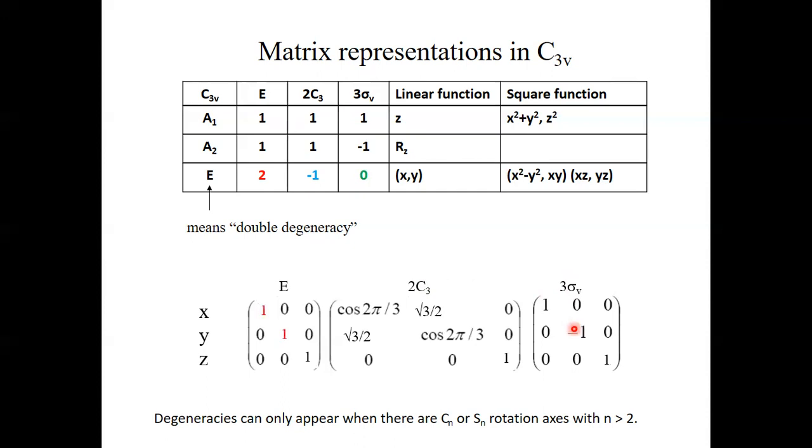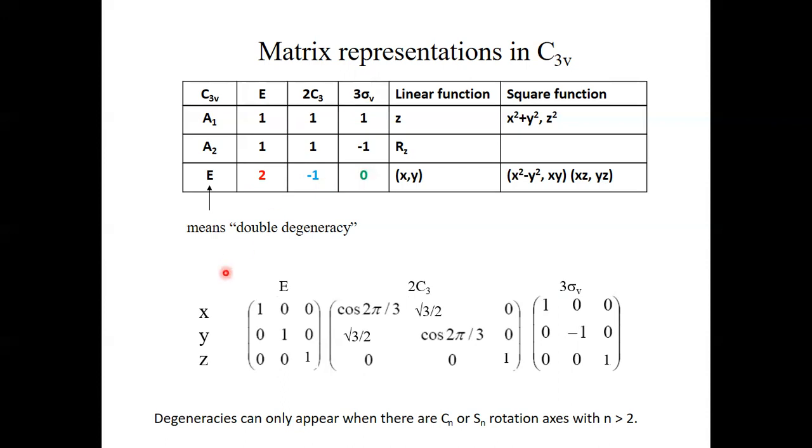Okay, so now how do these matrix representations explain these characters here?